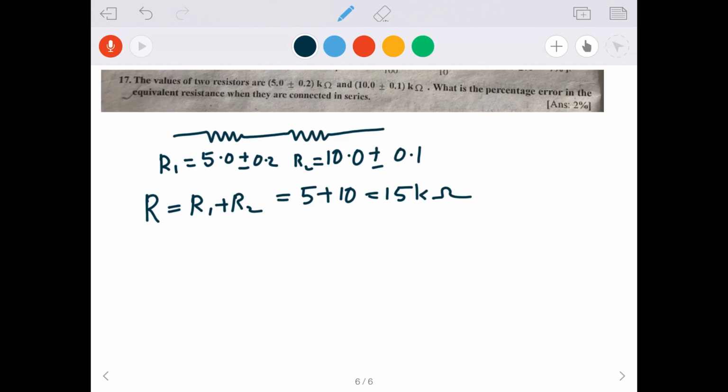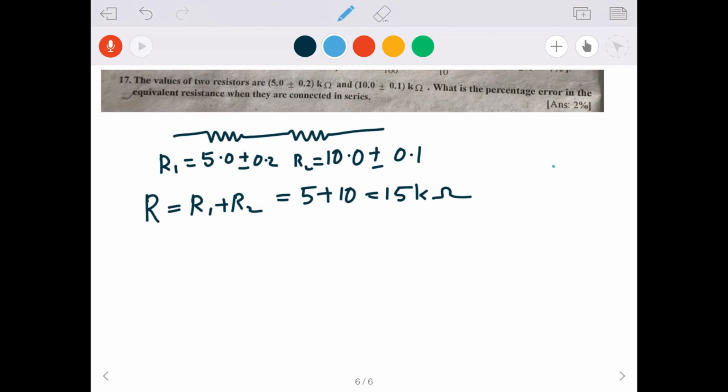Now the sum of absolute errors. 0.2 is the absolute error in R1 and 0.1 is the absolute error in R2. When you add these two numbers, the error will increase.